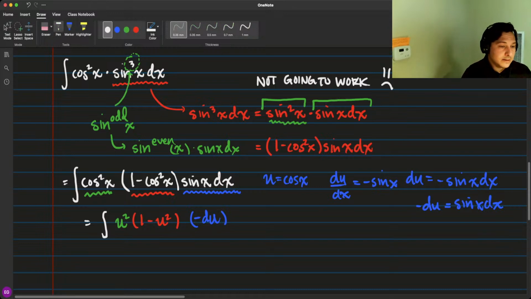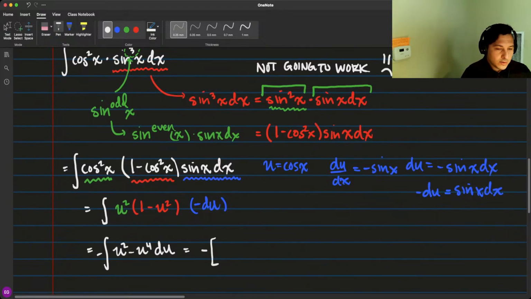But back to solving my integral. You can multiply that through and you get u squared minus u to the 4th. We can factor out the minus and then you get du. Which will give us minus the antiderivative of u squared, which is 1/3 u cubed, minus 1/5 u to the 5th.